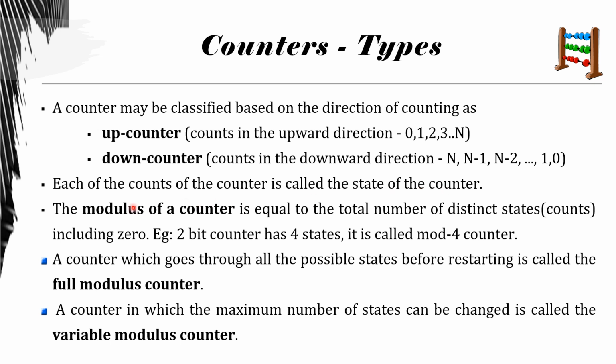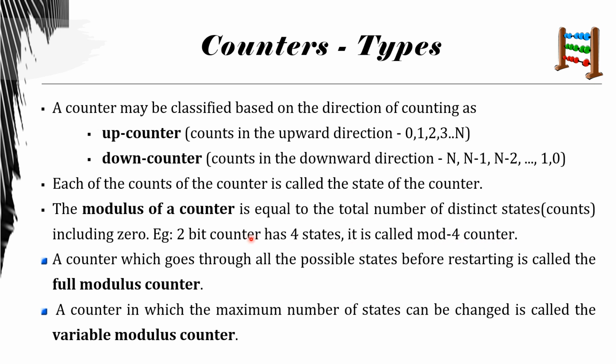The modulus of a counter is equal to the total number of distinct states, including 0. For example, a 2-bit counter has 4 states. So an n-bit counter has 2 raised to n states. A 2-bit counter with 4 states can be called a mod 4 counter.